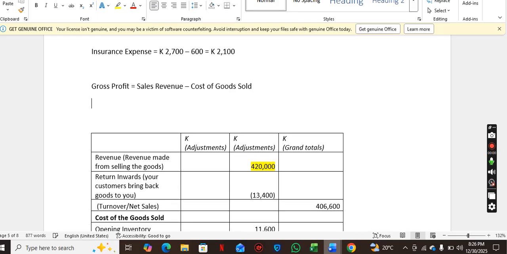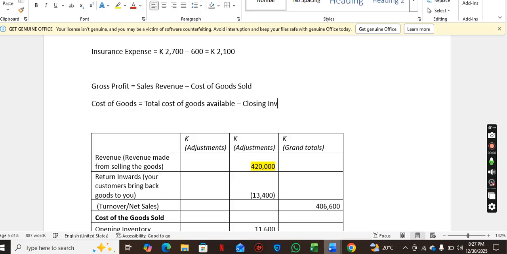Now with the cost of goods sold, the first thing you want to tabulate is the total cost of goods available for sale. You want to say, this year, what is the worth of all the goods that I had in my shop? That's the total cost of the goods available for sale minus the closing inventory.